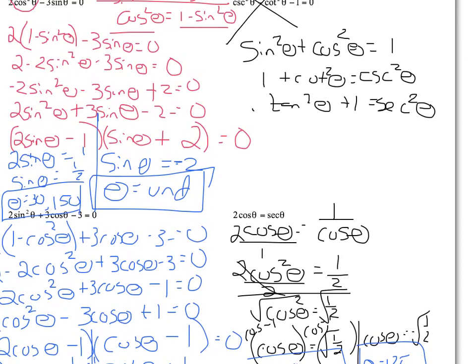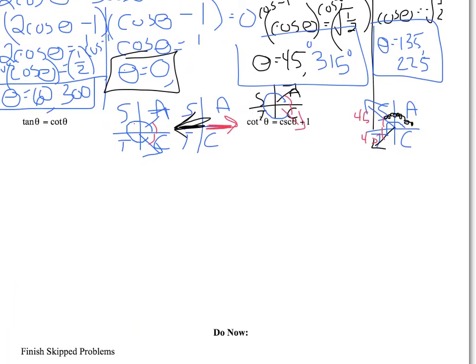So cotangent squared will end up equaling cosecant squared theta minus 1. So going back down to the bottom, I'm going to change cotangent squared theta to cosecant squared theta minus 1, which has to equal cosecant theta plus 1.